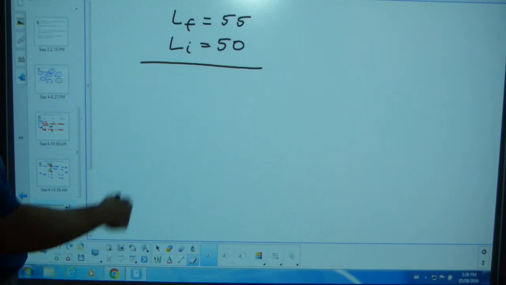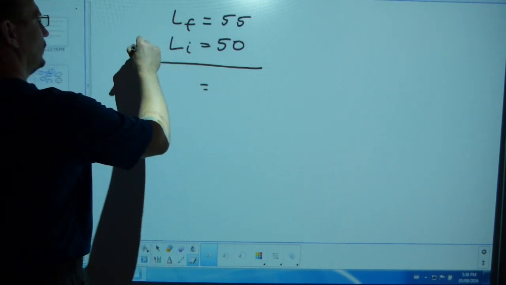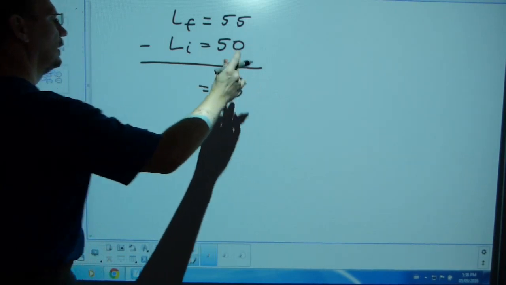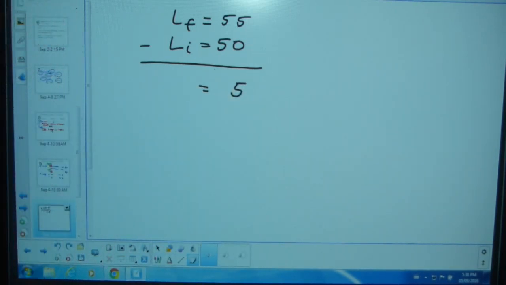In this case, when you do a subtraction, the elongation that took place is 5 millimeters. Now that math is not groundbreaking, but those are the abbreviations and symbols that work with the terminology, and we're getting to strain.